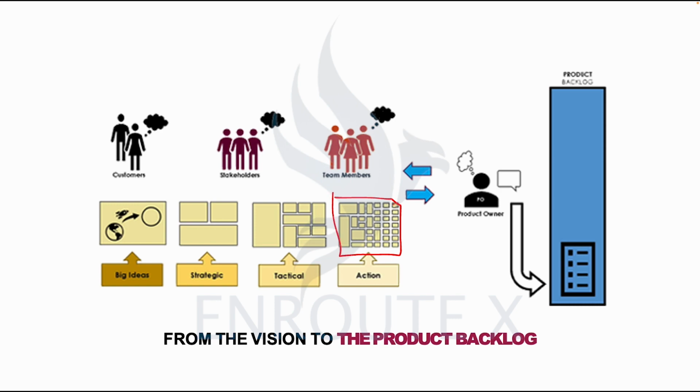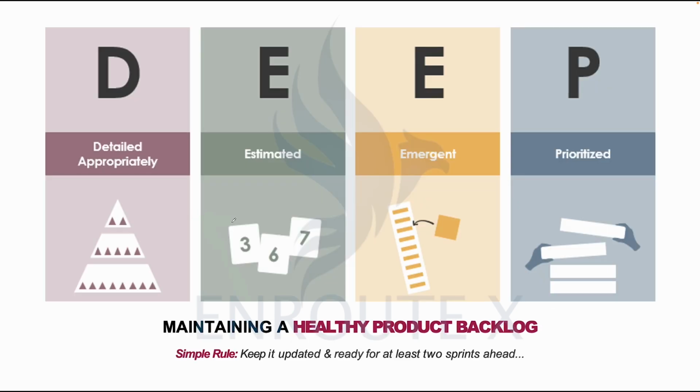Next slide. And in the next slide, I believe we are conversant with this now, which is the criteria for having a healthy product backlog. A product owner should keep a healthy product backlog.